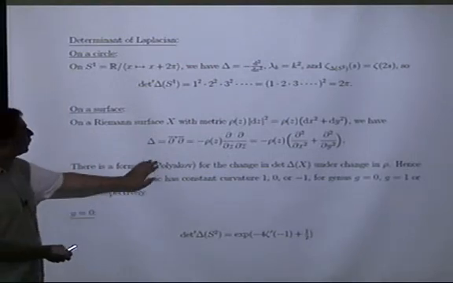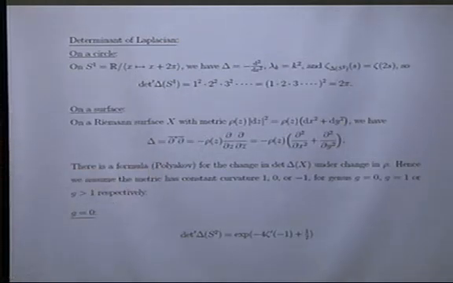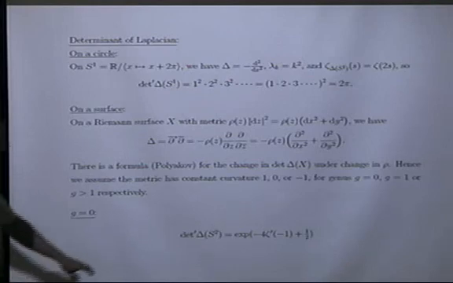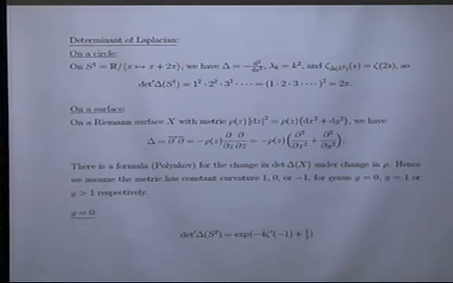So it makes sense to restrict here to metrics of constant curvature. And again, the genus 0 case is fairly trivial. We know all the eigenvalues explicitly. So the first non-trivial case is the genus 1 case.